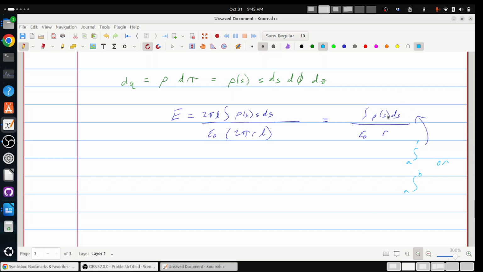And I'll leave that integration up as a separate exercise for the learner.